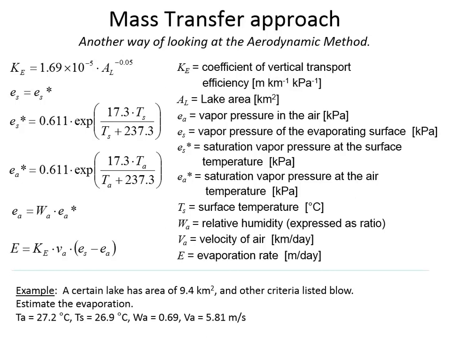We'll find the velocity of air, 5.81 meters per second, and we multiply that by 86,400 seconds per day and 1,000 meters per kilometer. Since our constant here was in terms of kilometers, the K sub E constant, its length is in kilometers, so that's why we need to know that the velocity of the air is 502 kilometers per day.